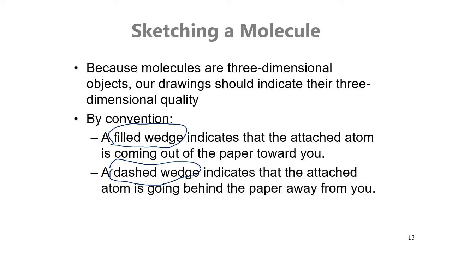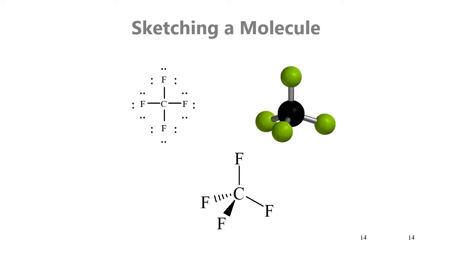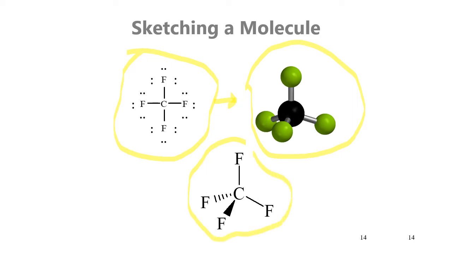For example here, you may draw a molecule like this. This is a normal one. However, this is not showing a 3D molecule. A 3D molecule should look like this one. To represent the 3D molecule, you can use a structure or sketch like this.